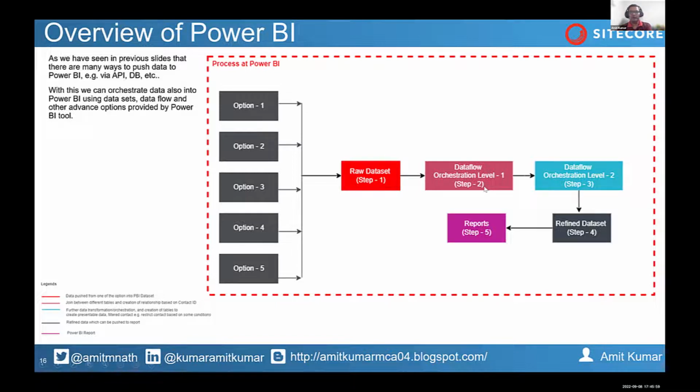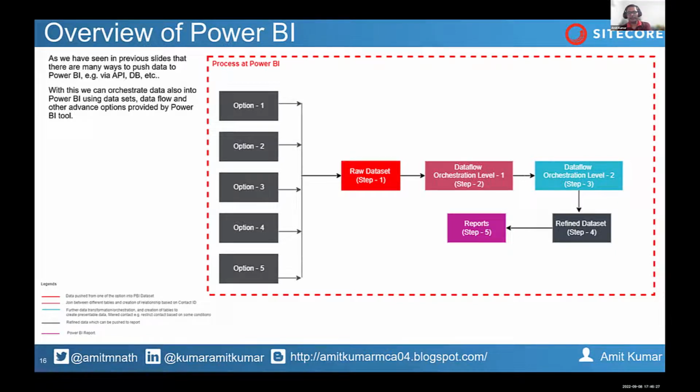Because in Power BI you get an out of the box option to convert all your data, whichever you have in JSON format, which I showed you in the context facet, into rows. So that is what I will do here. And in step 3, I will perform more granular level orchestration. For example, I will have some invalid data also in my system.